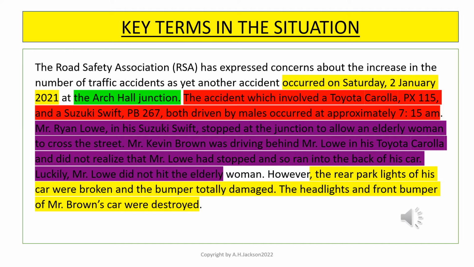Luckily, Mr. Lowe did not hit the elderly woman. However, the rear park lights of the car were broken and the bumper totally damaged. The headlights and front bumper of Mr. Brown's car were destroyed. So that is key information, key points, that we will pull from in order to write the eyewitness report.